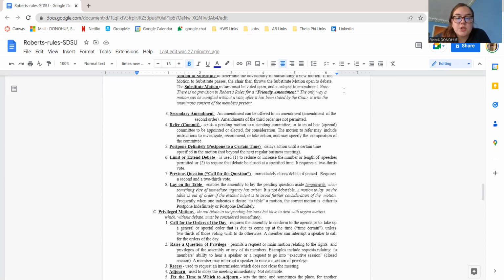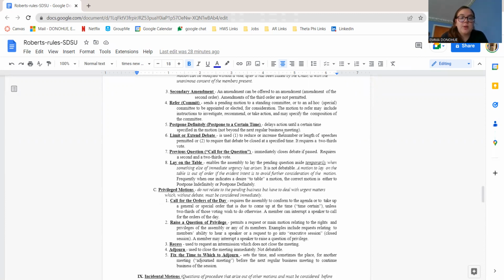The motion to refer may include instructions to investigate, recommend, or take action, and may specify the composition of the committee. The postpone to a certain time delays action until a certain time specified in a motion, but not beyond the next regular business meeting.